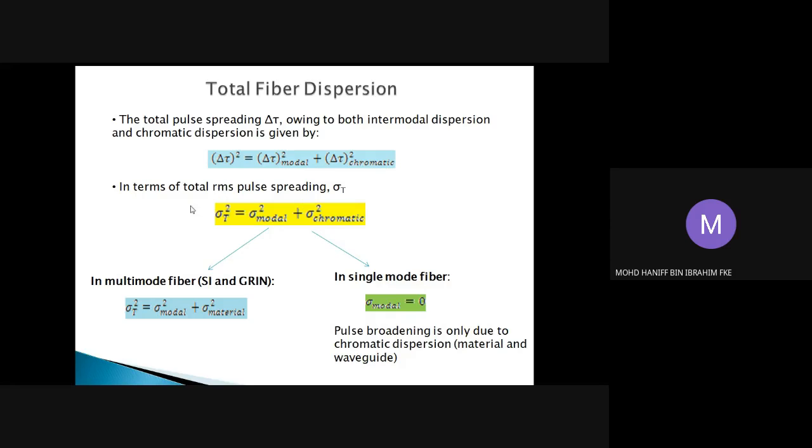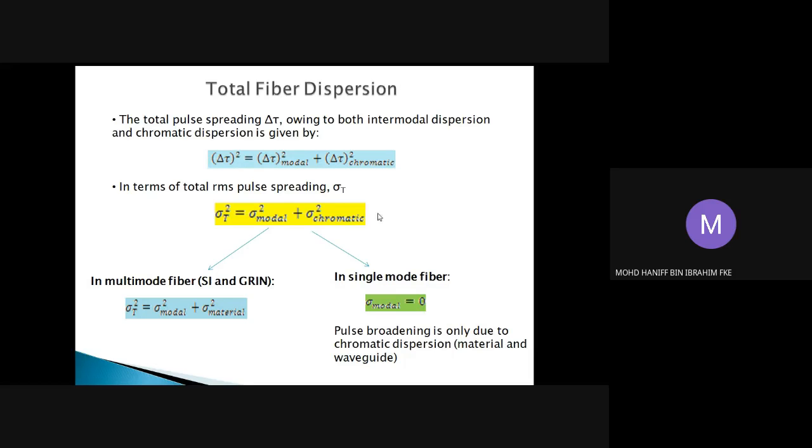These are the equations that can be used to calculate the total dispersion in our fiber optics by a combination of both intermodal dispersion and chromatic dispersion. When we are requested to find the total dispersion, you have to use either this equation or these equations, depending on the information given.